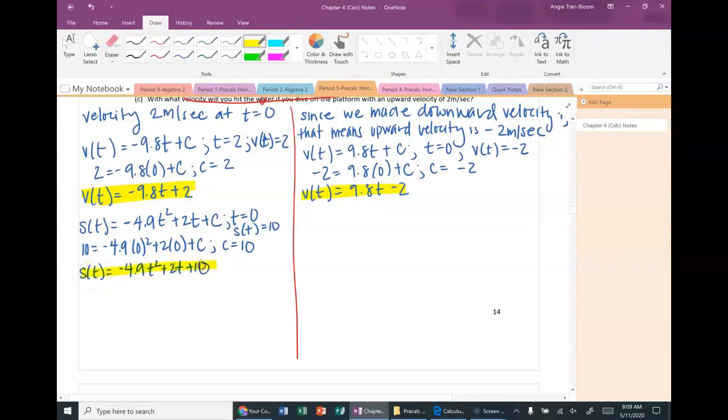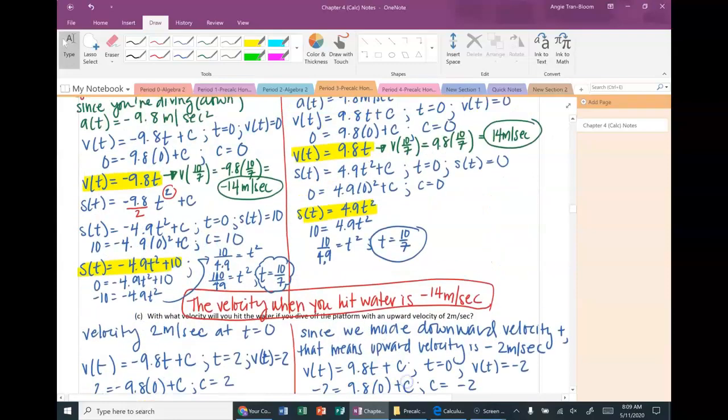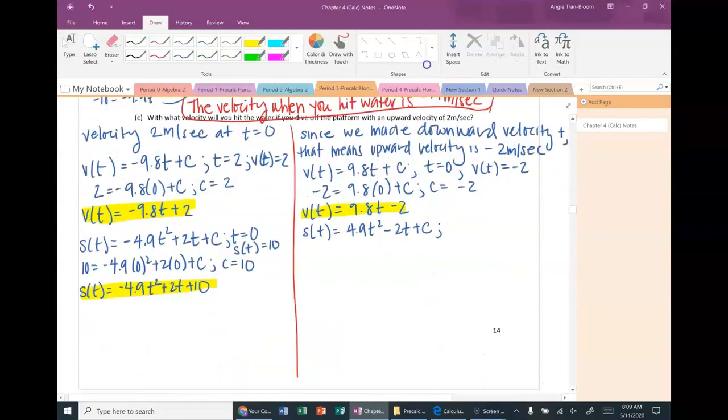We would definitely need to solve for the time in a little bit, but go on the right side and do the same thing. Position is going to be 4.9 t squared minus 2t plus some constant. Remember, over here, we made the diving board at 0.